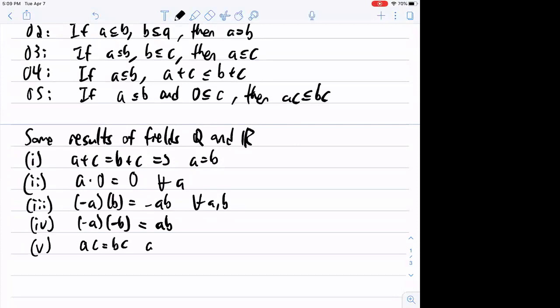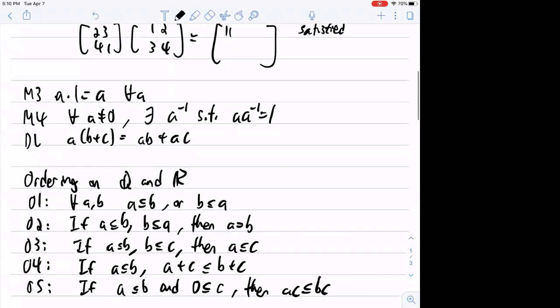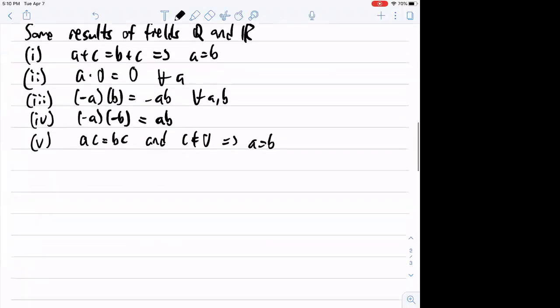I don't think you need to memorize these properties. I mean, it's pretty intuitively obvious, but I do encourage you to try to prove it using just the axioms listed above, like A1 all the way to DL.